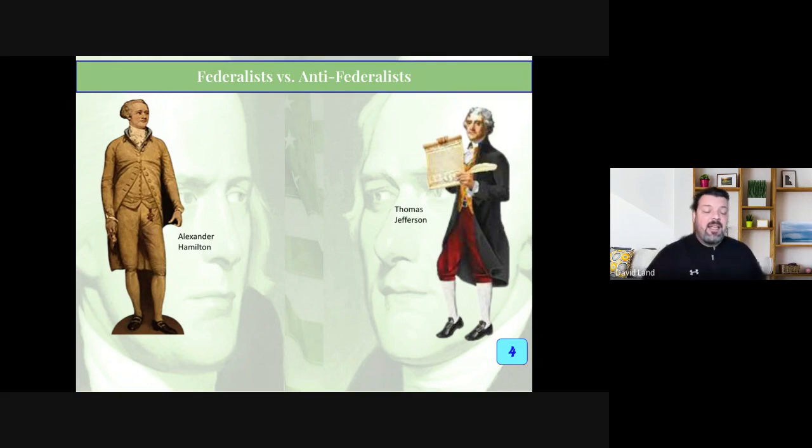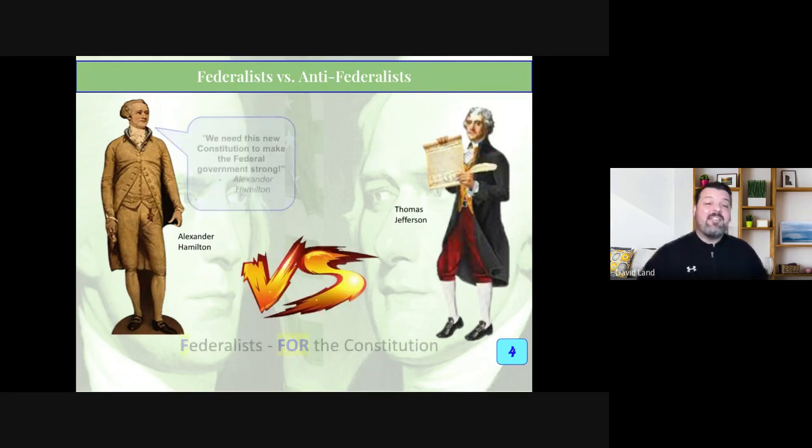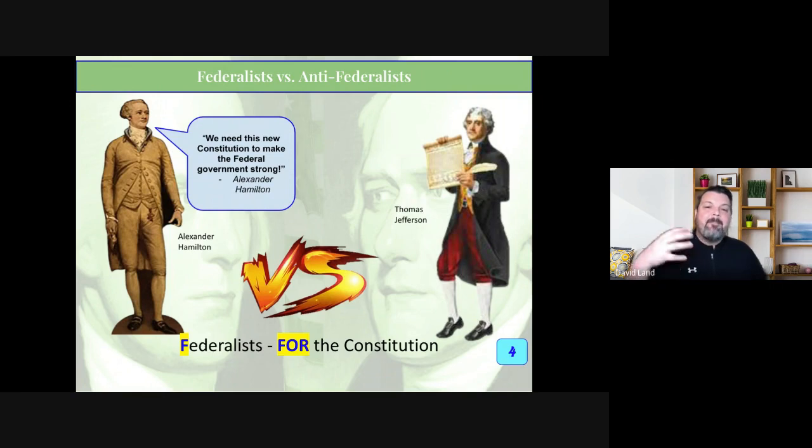Now we have here on the left Mr. Alexander Hamilton, famous Federalist, and on the right we have Thomas Jefferson, the famous Anti-Federalist. When we look at these two men, we see the embodiment of who these sides are. So Federalists are for the Constitution. Think about that, right? In class, simple way. Federalists are for the Constitution.